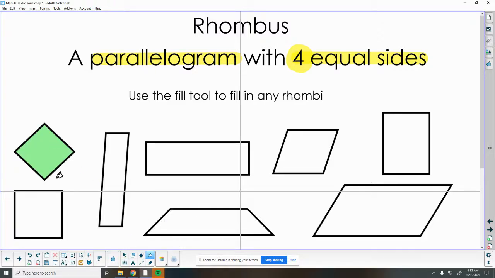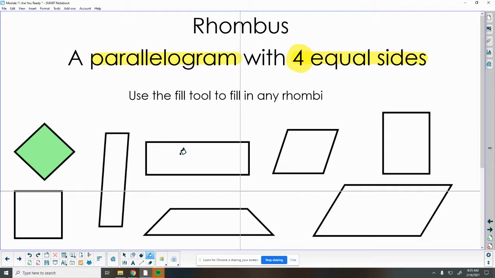I can see the top and the bottom, and these 2 sides are parallel, and this side, this side, this side, and this side are all the same length. This one is not a rhombus. It does have opposite sides parallel, but all of the sides are not equal, so it's not a rhombus.